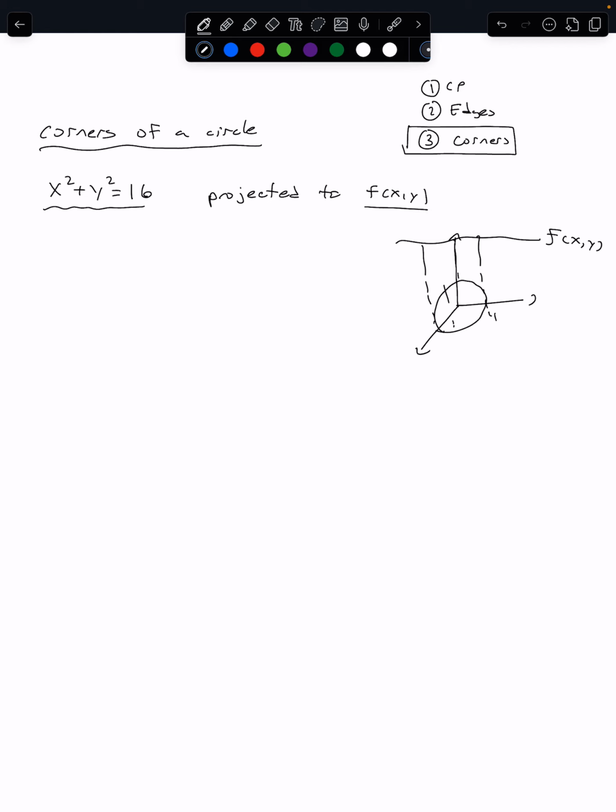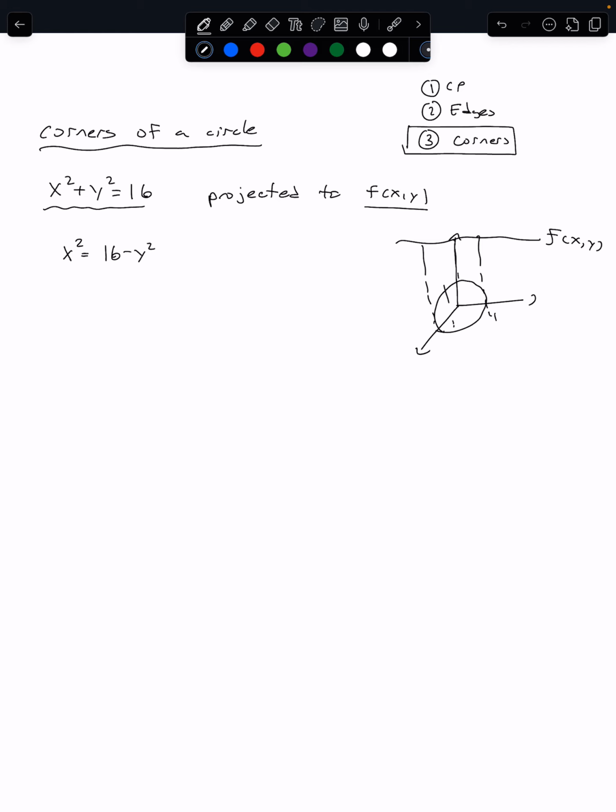If we think of the circle on the xy plane, and solve for x squared, we get x squared equals 16 minus y squared. When we looked at the edges, we would plug this into whatever our surface is, and that would give us our edges.